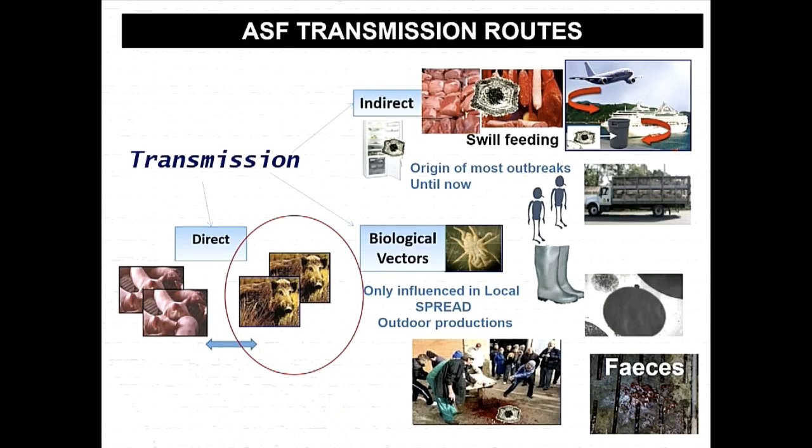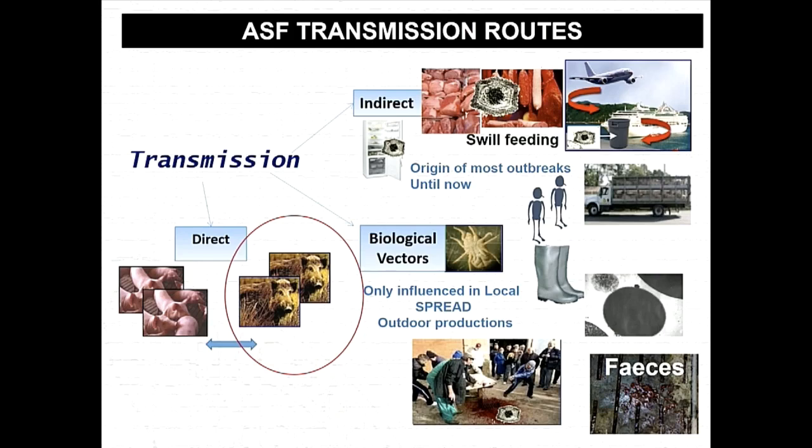So the other way of transmission is an indirect system. The indirect system is a very, very important mechanism of ASF. And this is due to the fact that, you can see here an erythrocyte. I don't know if you can see this. This is an erythrocyte, and up here on the erythrocyte is the virus. So the ASF virus is attached to the erythrocytes.